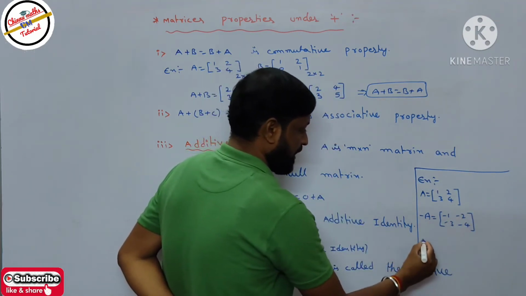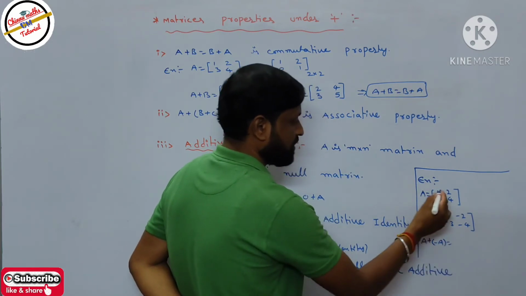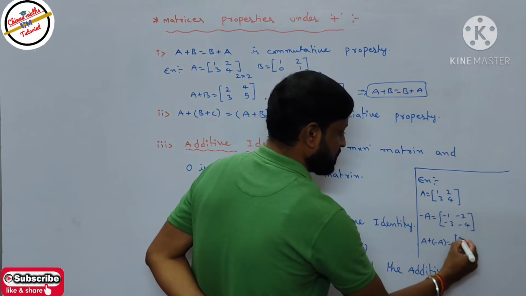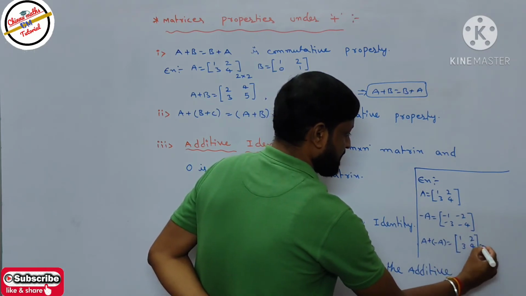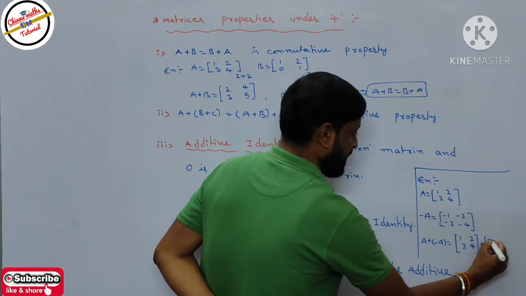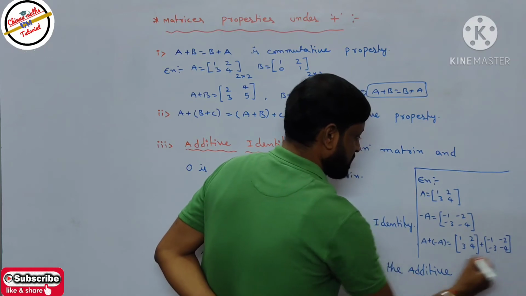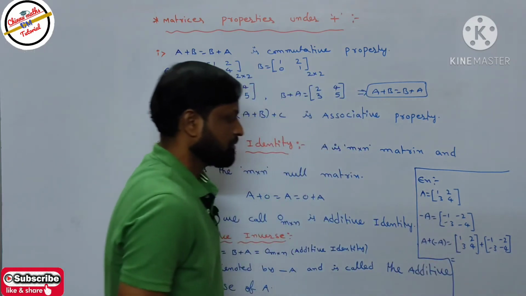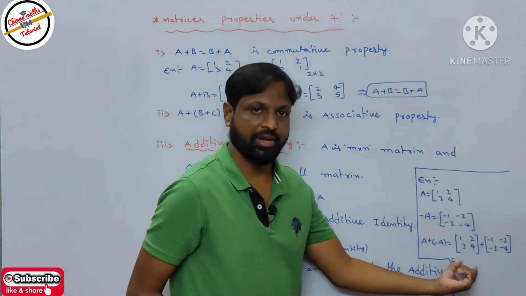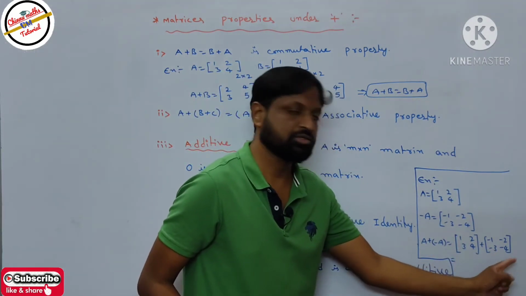Adding A plus minus A: the matrix A is 1, 2, 3, 4, plus minus A, which is minus 1, minus 2, minus 3, minus 4. The two matrices have the same order. The matrix A has order 2 by 2, and the matrix minus A has order 2 by 2.